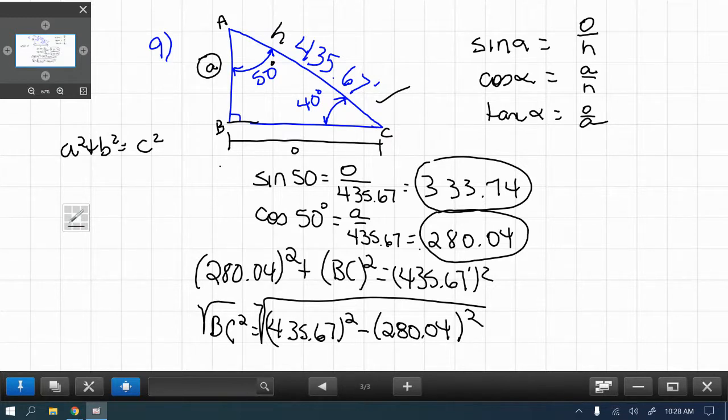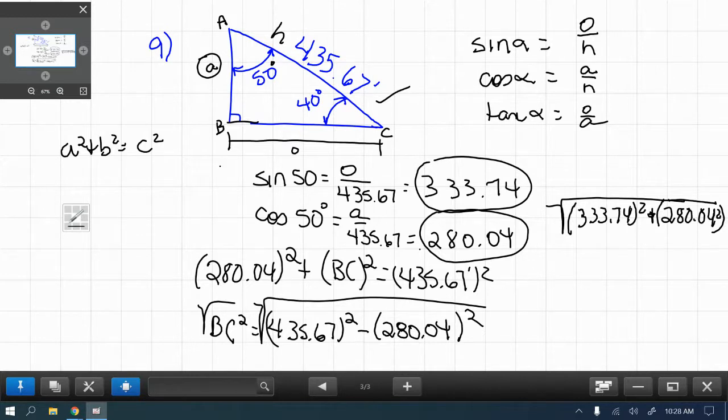That would be your two sides, and then I would see if I got the hypotenuse. So I could plug that back in to find out the hypotenuse.